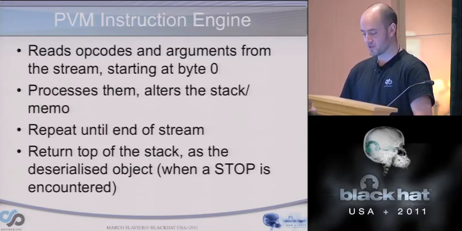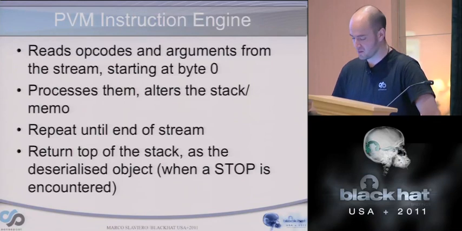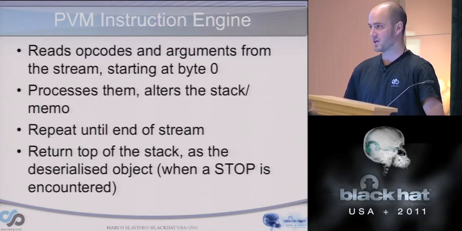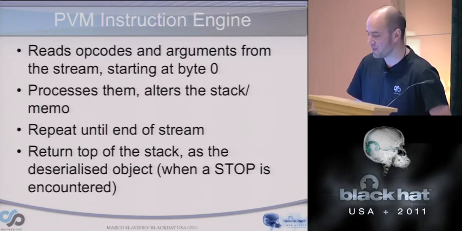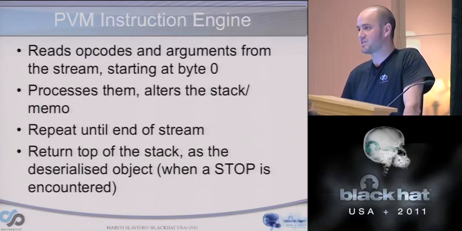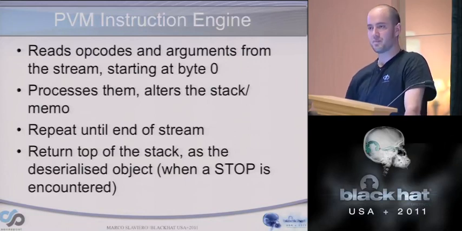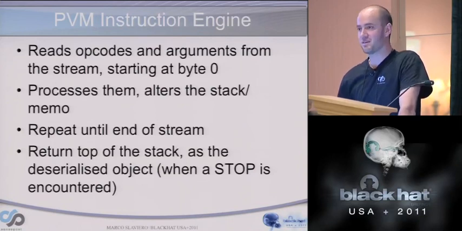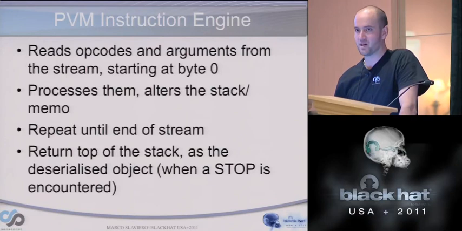So as it goes through the instruction sequence, it will execute each instruction in turn, and it will alter its memory structures depending on what it gets told to do. And it keeps doing that until it encounters a final instruction called stop. What stop does is it takes whatever object is on the top of the stack at that point in time, and returns that as the result of the unpickling process.